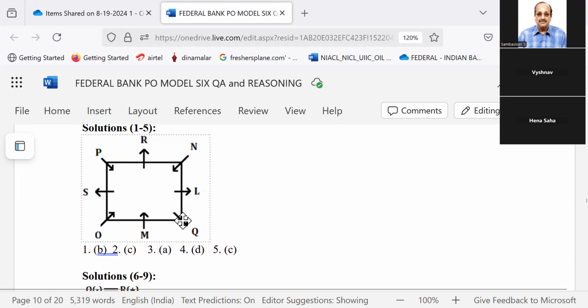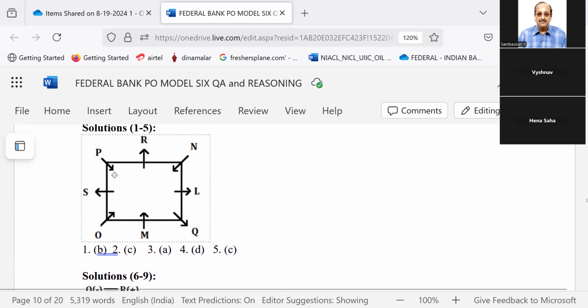So here this is one outside, then this is two outside, then two outside. So P has to face the inward direction. M is facing inward, N is facing inward, O is facing inward. Three people are facing inward, so only one person has to face inward now.